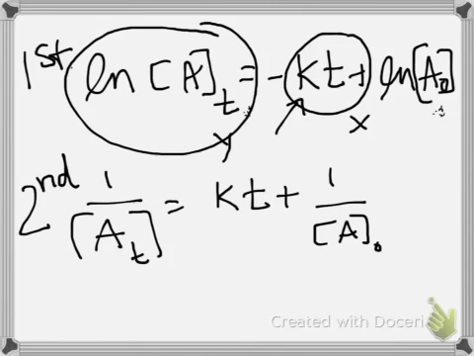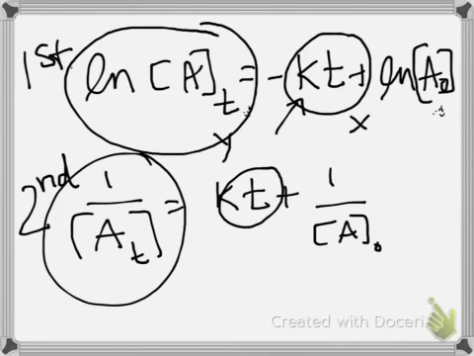Whereas if you had a second order process, you know that if you plot time on the x-axis and 1 over the concentration of A at a given time on the y-axis, that's going to give you a slope that's going to have now the rate constant k, not negative k, but k alone. And the y-intercept is going to be 1 over the initial concentration of A.